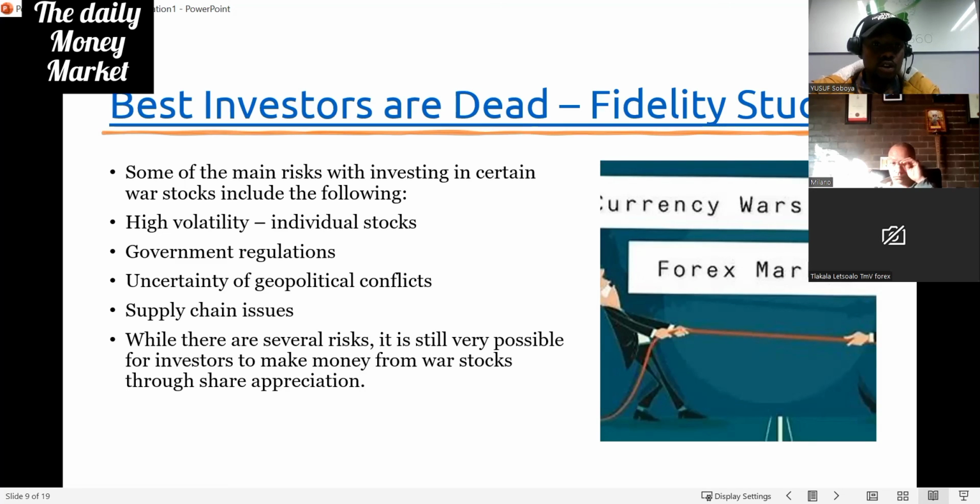Individual stocks, you can also get one individual stock that has high volatility and trade. Then government regulations, so we can see different types of sanctions, different countries sanctioning certain countries. Once that happens, you look at that currency pair against each other and see where the market is. It actually means there's volatility in that instrument.